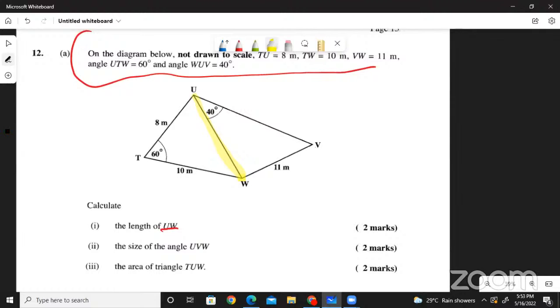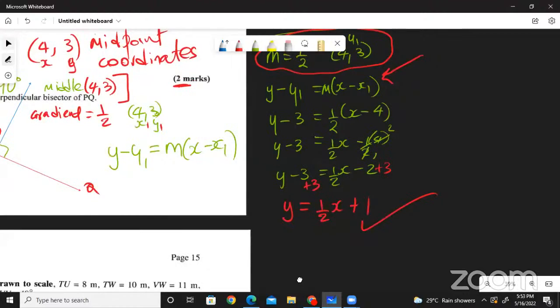Sir, I have a question. Go ahead. Sir, at the one that you just did, at number 11, I think. Go ahead, I'm listening. Sir, go up more over to the block section, where you have y minus 3 equals a half x with the negative a half with the open bracket.